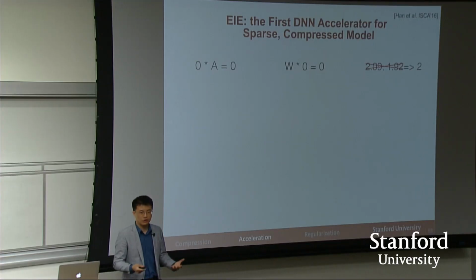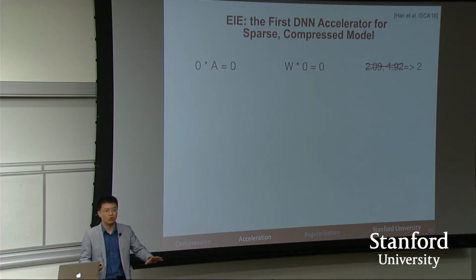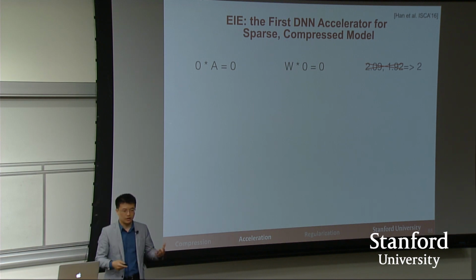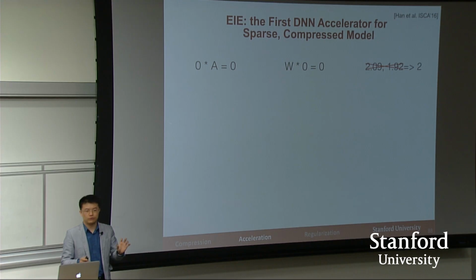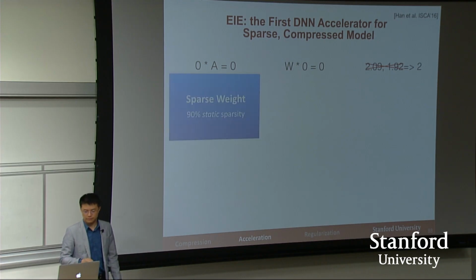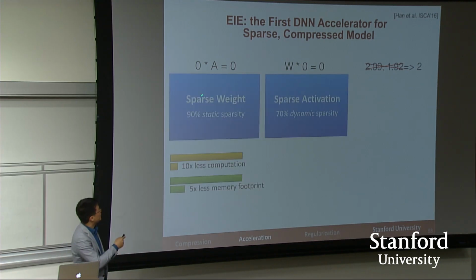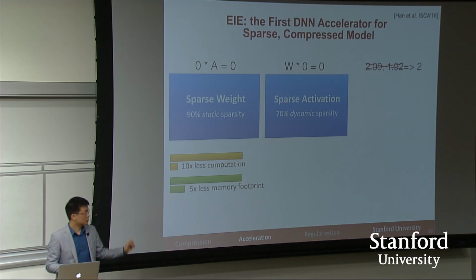And the rule of thumb, like we mentioned before, is taking advantage of sparsity first. Anything times 0 is 0, so don't store it, don't compute on it. The second idea is that you don't need full precision, you can approximate. By taking advantage of the sparse weights, we get about 10x savings in computation and 5x less memory footprint. The 2x difference is due to the index overhead.